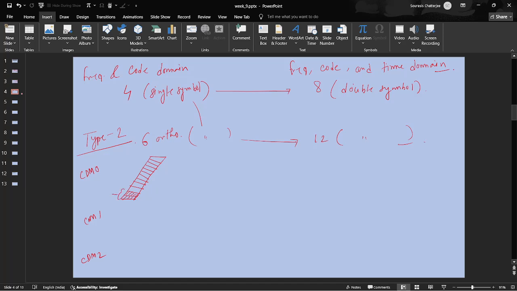For CDM0 we are using these two, and there is actually repetition, but only after here again.